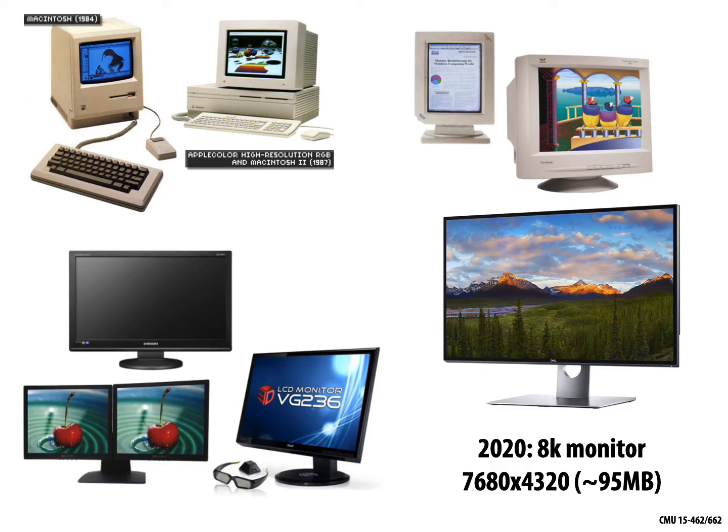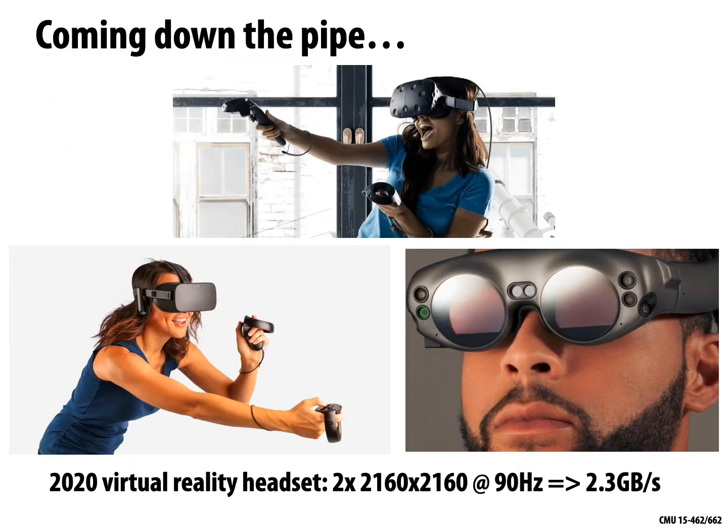And if we start looking at even newer devices that are coming down the pipe, like virtual reality headsets, augmented reality headsets, these are the devices where we have to supply a phenomenal amount of information in order to drive them. A headset that you might purchase today has two displays, one for each eye, that are each 2160 by 2160 pixels.